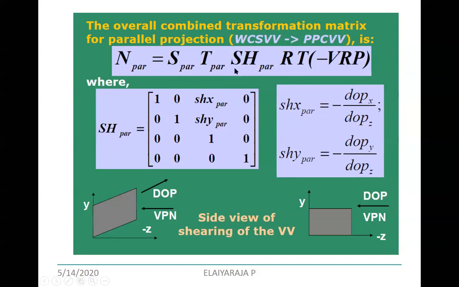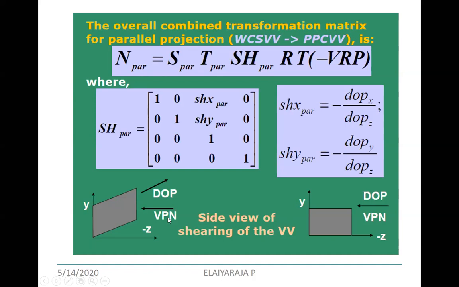When you want to perform the shear, as you know the shear transformation matrix, with respect to your parallel projection it is the direction of projection, and with respect to perspective it is the center of projection. Here in the direction of projection, with respect to x you take x by z, and with respect to y you take y by z on the viewing plane, which you consider on the n axis, that is with respect to z.